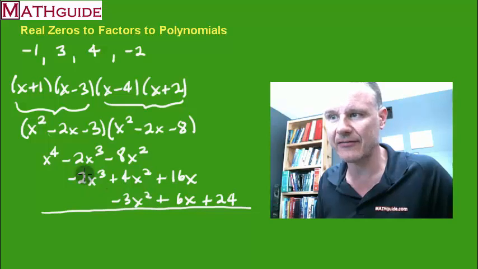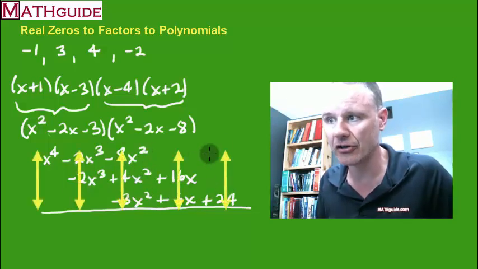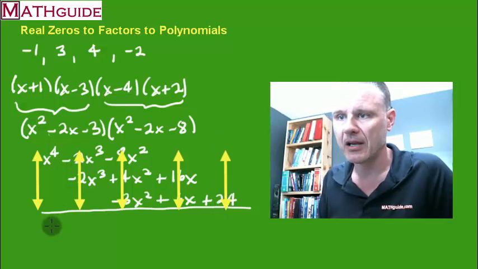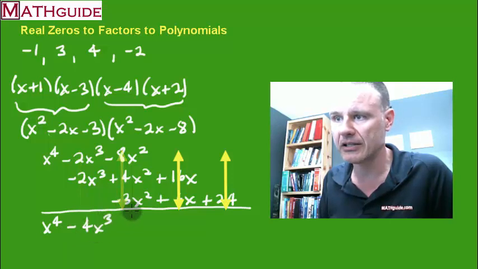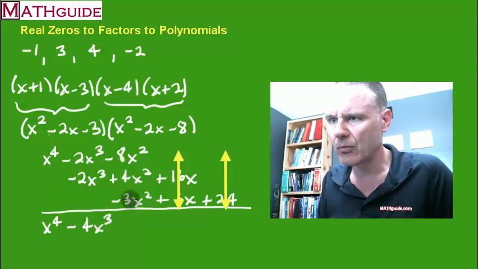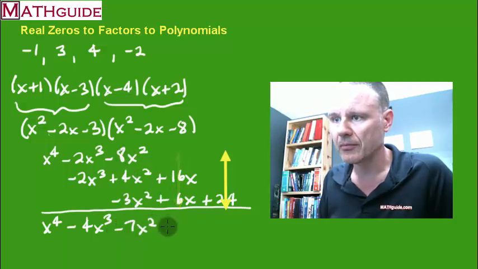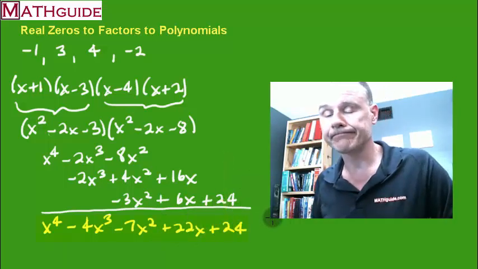As I was writing out answers, I was aligning them in like terms in columns, because that makes it really easy to add like terms. So this is going to be 1, a minus 7x squared, plus 22, plus 24. And there you go. There's your final answer.